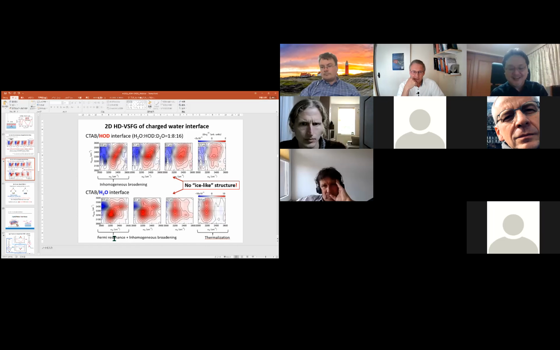It's an issue of debate in the interface community. Basically, I understand your points, but at least with the view of the symmetric and antisymmetric, I don't think we can explain this 2D spectral feature nicely. Maybe you can do it, but we cannot do it.